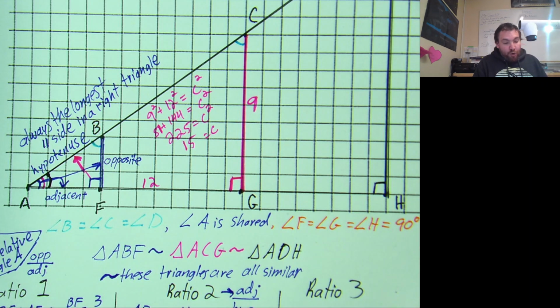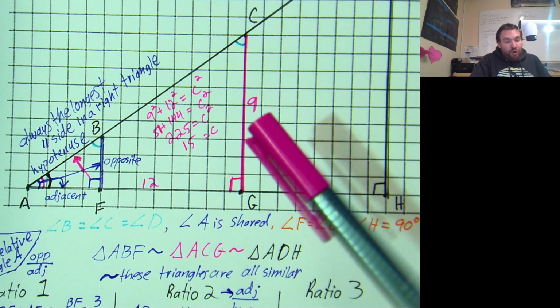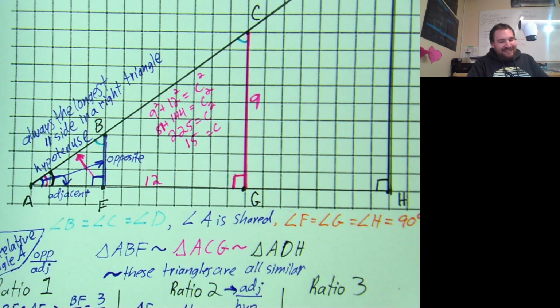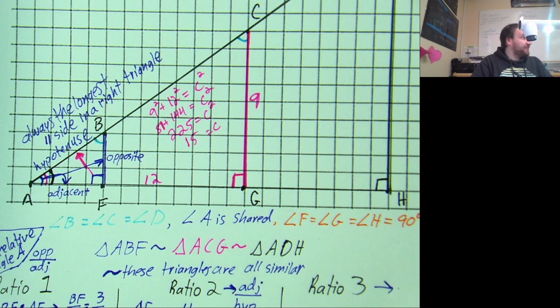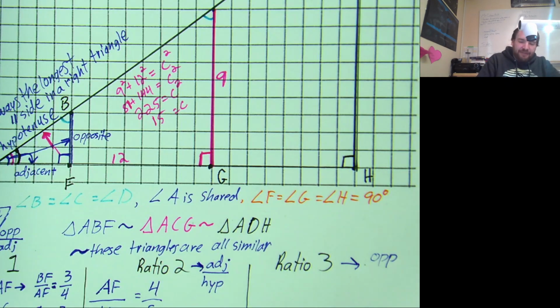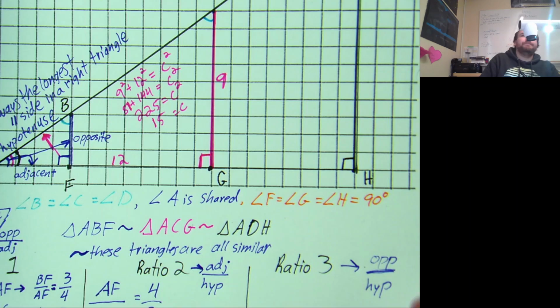Okay? So we have ratio 1, which is the opposite length to the adjacent length. Ratio 2 is the adjacent length to the hypotenuse. There's one relationship we haven't done yet. What do you think? The hypotenuse and the opposite side. Specifically, the opposite side divided by the hypotenuse, HYP.